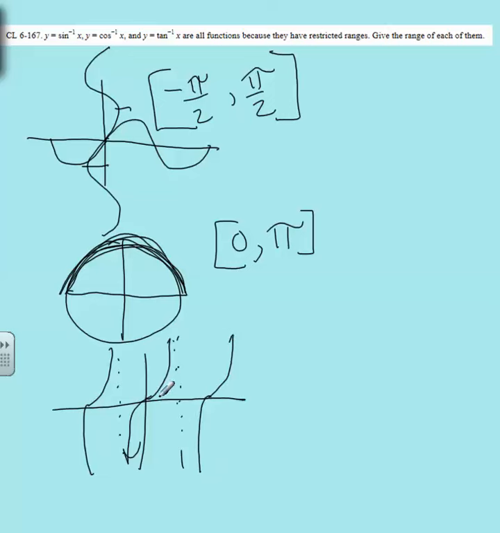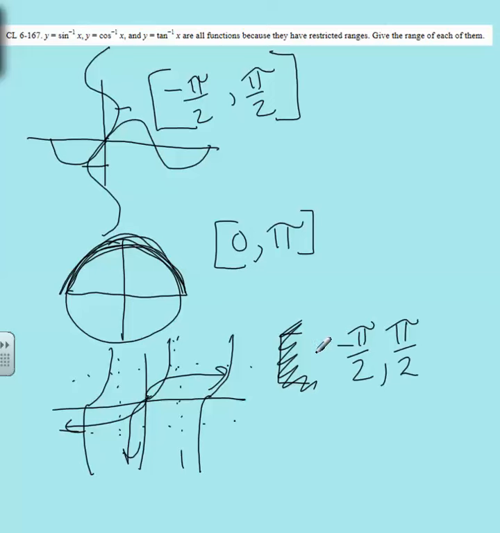So when we flip this, we restrict from negative, oops, that was an error. We're going from negative pi over 2 to pi over 2. The reason that bracket was an error is because this is an asymptote. We're approaching those values. We never actually get to those values, so we need to use curved brackets on those.